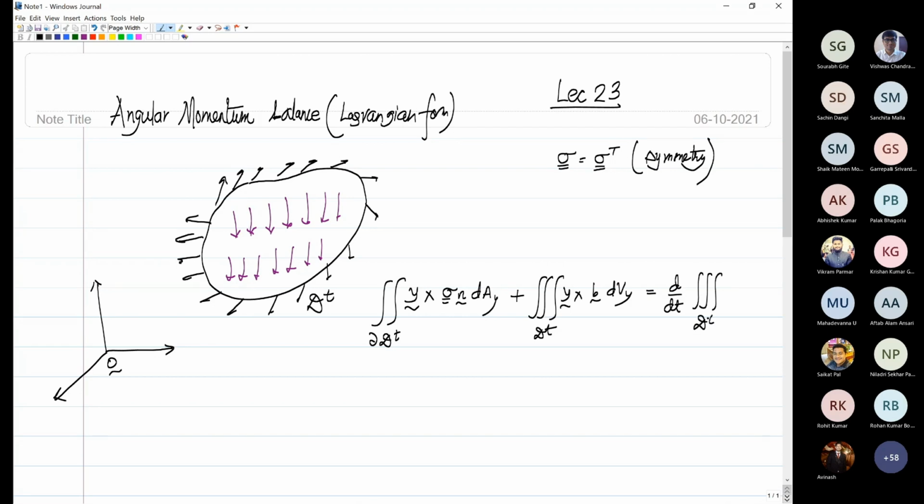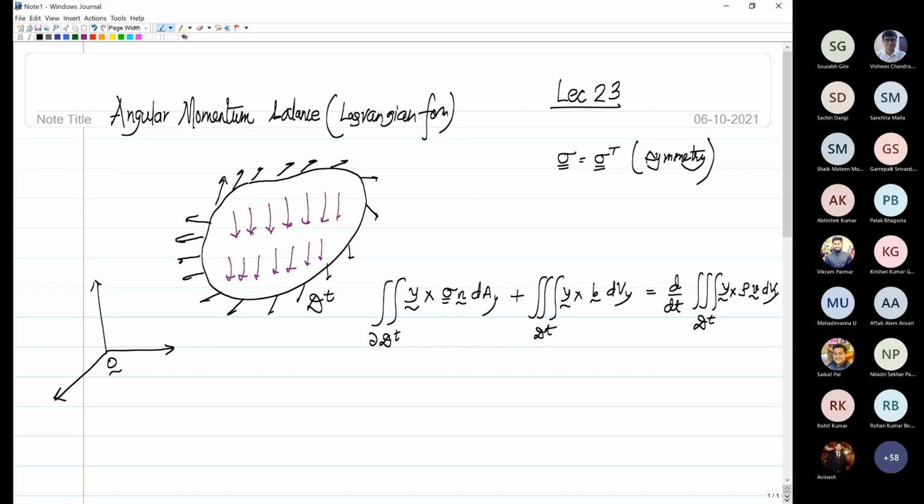Remember that we always apply it to a fixed set of particles. Therefore, dt is changing with time. So that's your angular momentum within the integral.